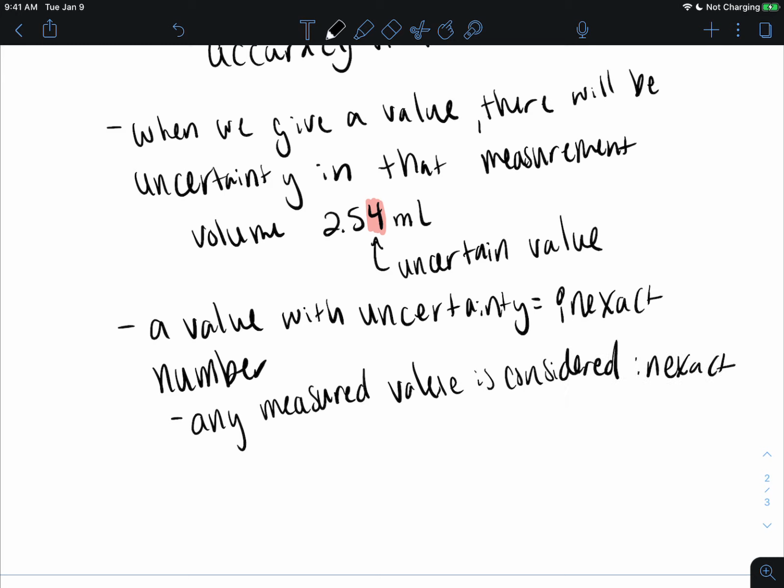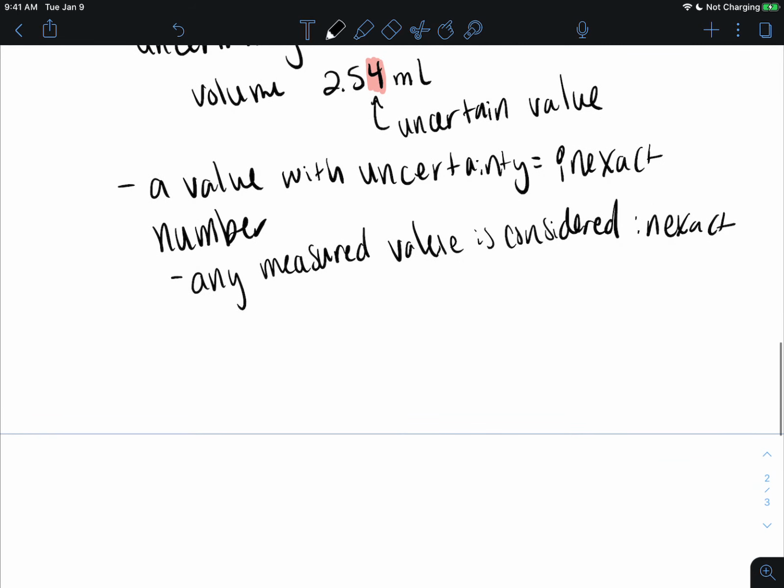This is in contrast to what we call exact numbers, where we have complete certainty in that value. So this is a certain number.